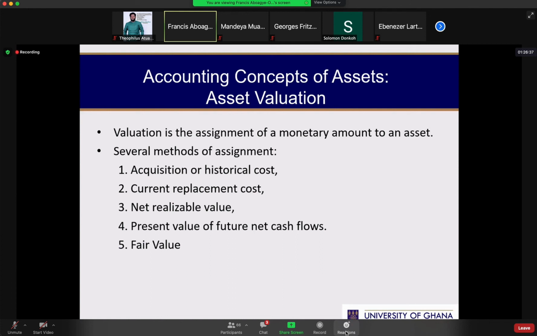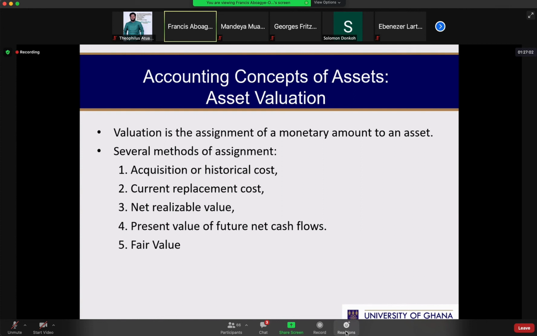What I'm explaining to you is that the first month 500 is different from the second month 500 because a cedi today is worth more than a cedi tomorrow. Now, so what you do is that you discount all the monies into today's terms, and if you discount them to today's terms, then that becomes the value of your asset.